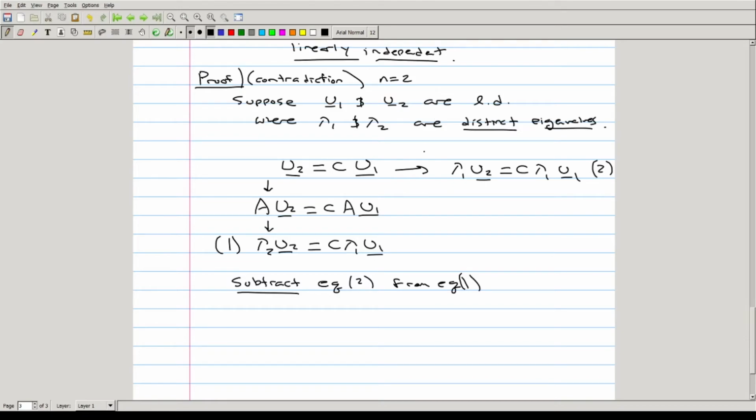I get a cancellation. Specifically, I get that the right-hand sides of both equations cancel out, and I'm left with lambda 1 minus lambda 2 times u2 is equal to the 0 vector.